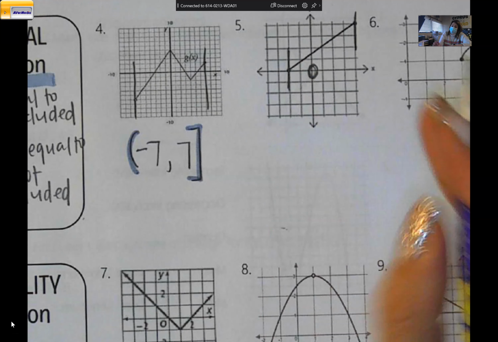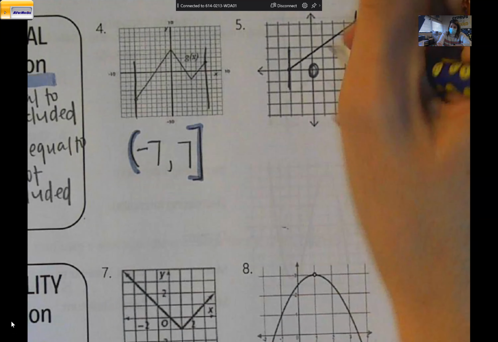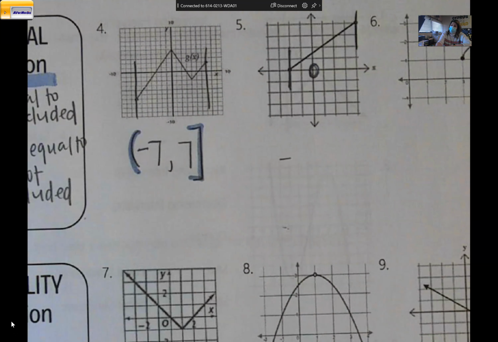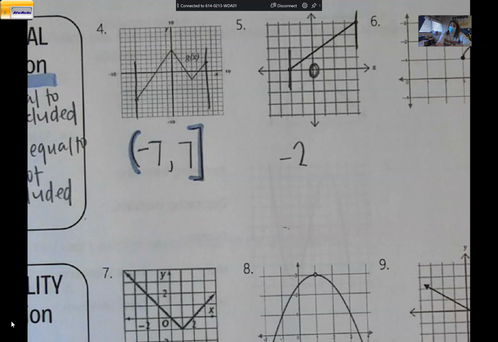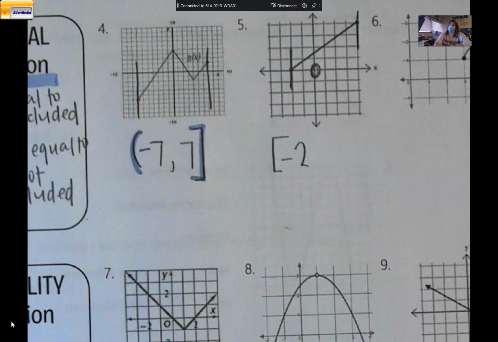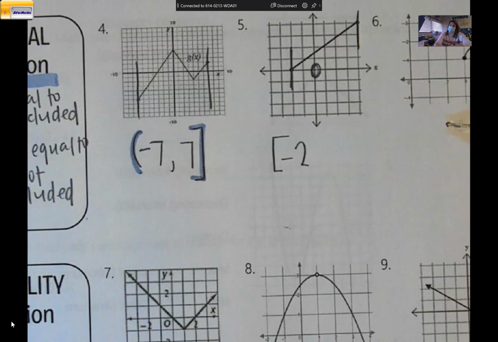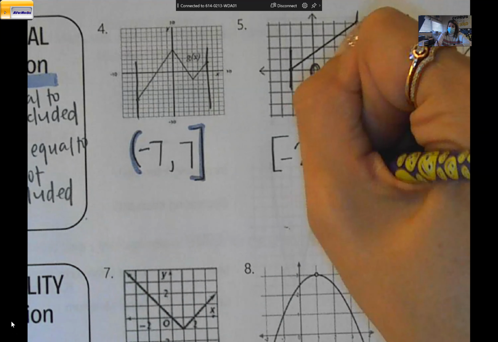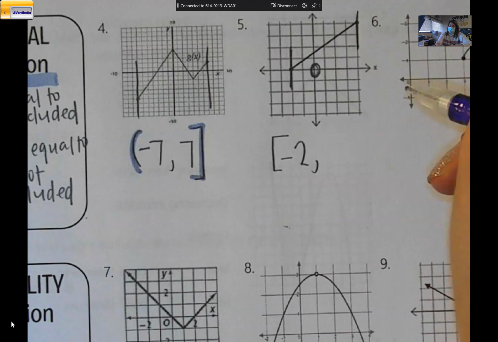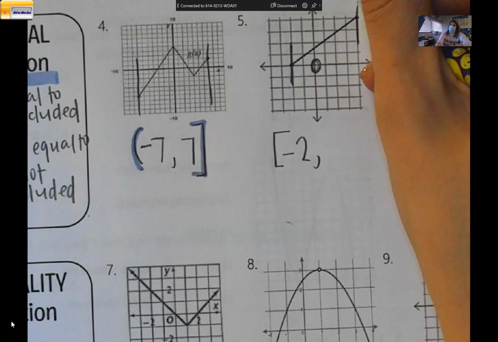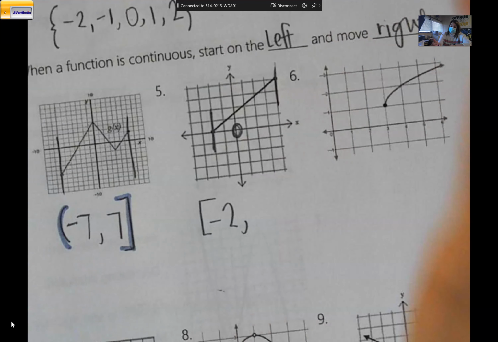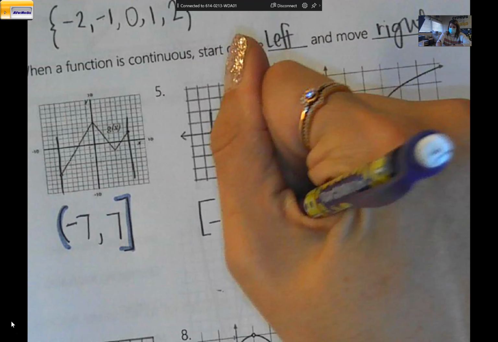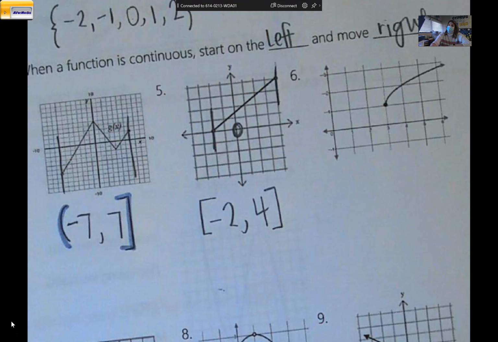What's on the left-hand side? -2. That is our lower bound. It's a closed dot, so we say square bracket, comma. Now we come over here to our upper boundary. What's that number? 4. Closed circle again, so that's a bracket.